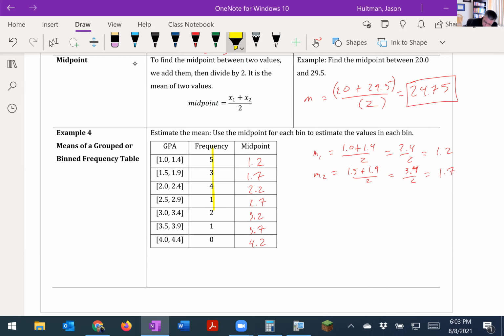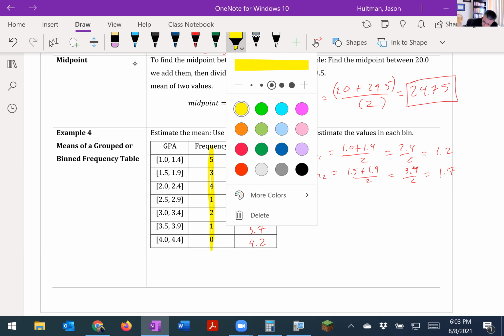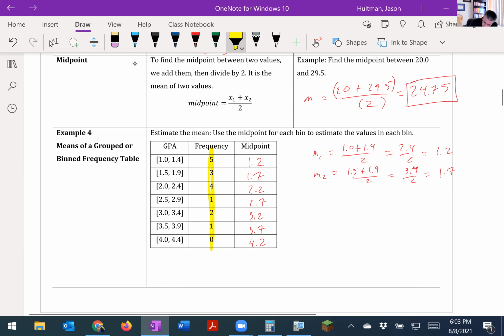This column is going to tell me how many items there are total. So I'm going to add up this column here.